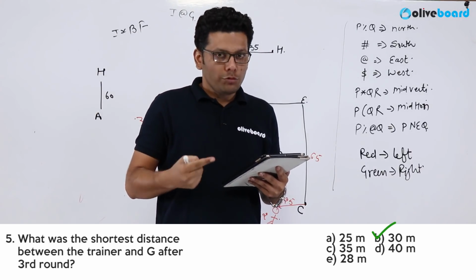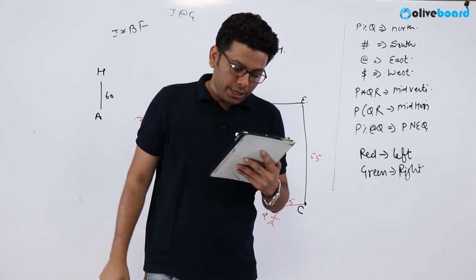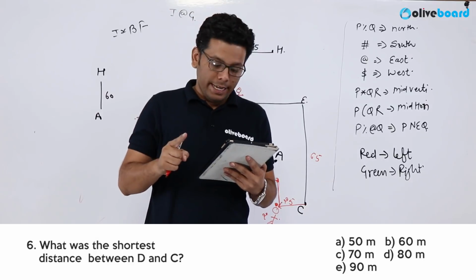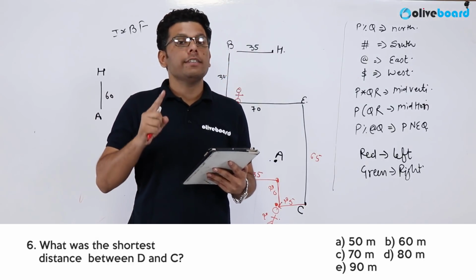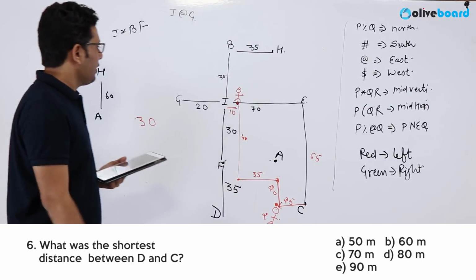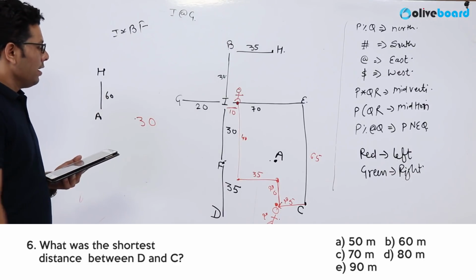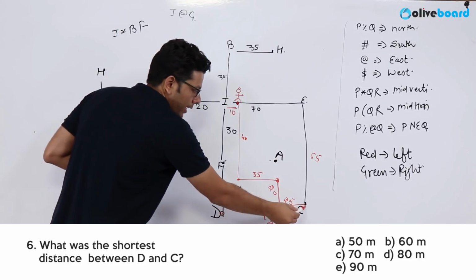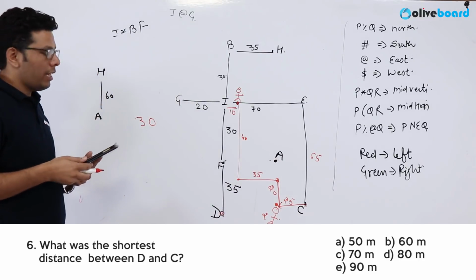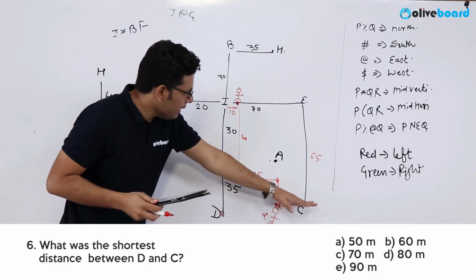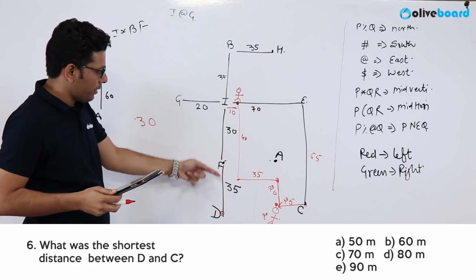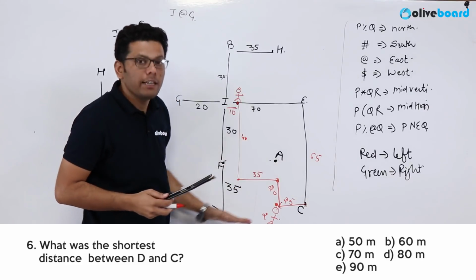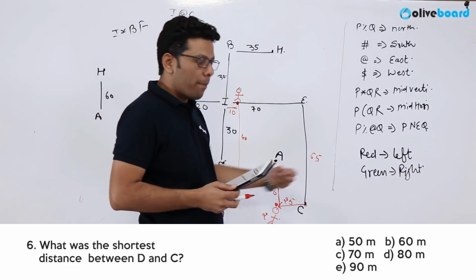Okay, move to the next question. Next question is, what is the shortest distance between D and C? Where is my D? This is my D, and this is my C. If you know that these are in a linear manner, because 30 plus 35 and 65 both would be in a straight line or on a common ground.